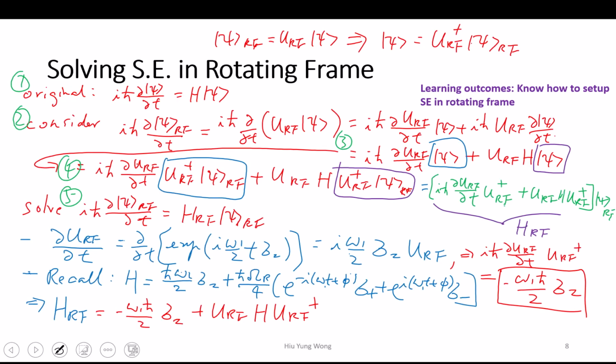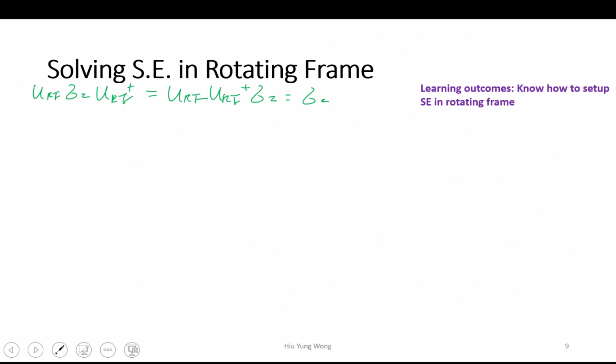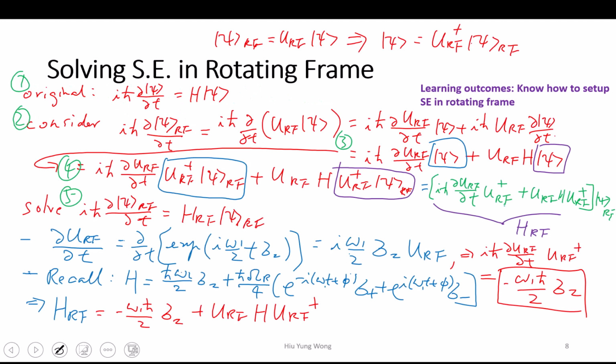So basically, what are we doing? Then we say that this term, I can just keep it. So then I have H_RF equals negative ħ(ω_1 minus ω_L)/2 σ_z. Why? Because first I have the original Hamiltonian ω_L/2 σ_z.